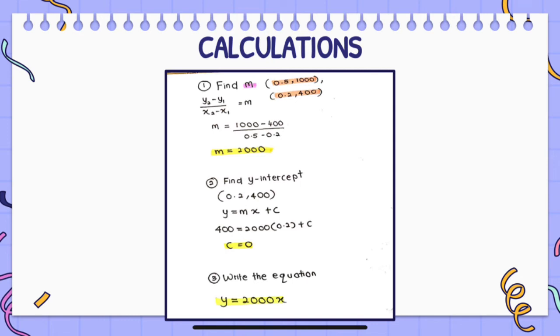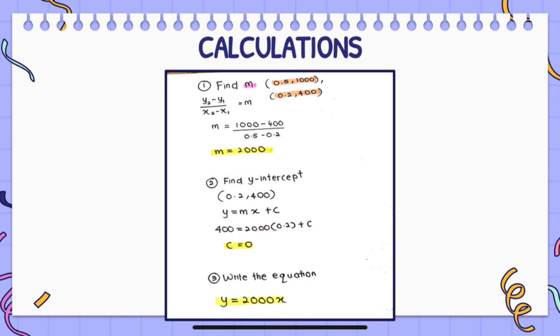So, what we need to do next is to put the y value, which is 400, inside the equation. M is 2000, x is 0.2, and lastly, we can find the c by substituting all the values inside the equation. In this case, we get c is 0. That means the y-intercept in this equation is 0.